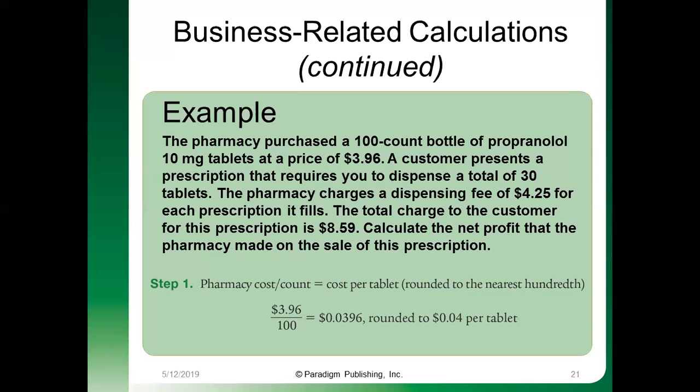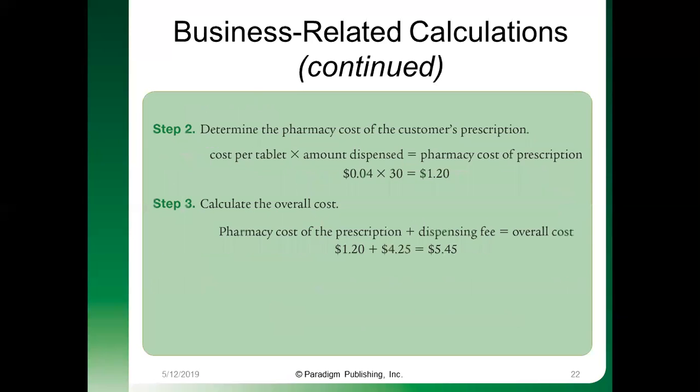So it costs 4 cents per tablet. Now determine the pharmacy cost of the customer's prescription: the cost per tablet times the amount dispensed. So we get $1.20, and that will be the cost of the prescription.